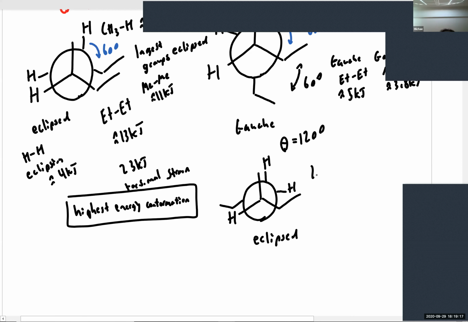So in this case, we have two ethyl hydrogen eclipsing interactions. What would we expect an ethyl hydrogen eclipsing interaction to be, given that a methyl hydrogen eclipsing interaction is about 6 kilojoules?